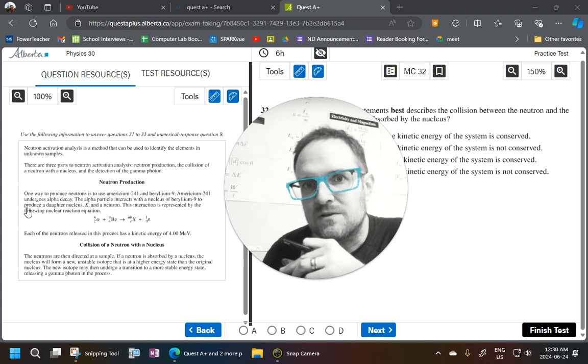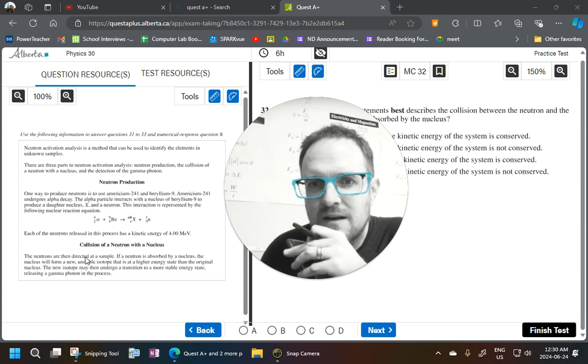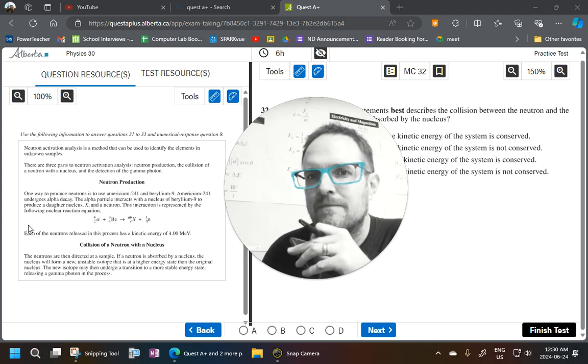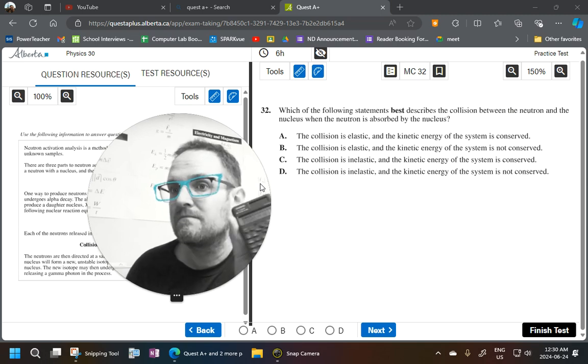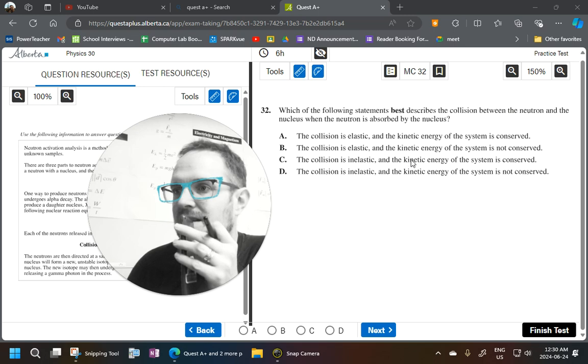The fan of my computer's going to die. I'm just reading this stuff down here. The neutron, when directed at a sample, is absorbed by the nucleus. The neutron will form a new unstable isotope with a higher energy state than the original. The new isotope will undergo a transition, releasing gamma. So I'm assuming the energy is lost. Right? It gets absorbed in, becomes a new unstable thing with a higher energy state. So it's going to be inelastic because it's not conserved.